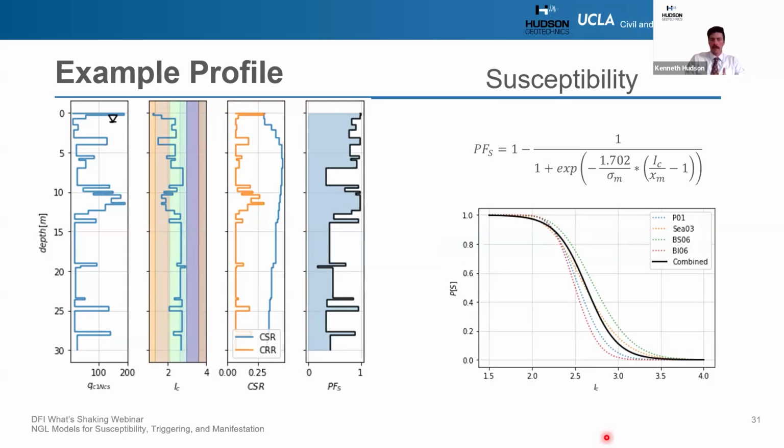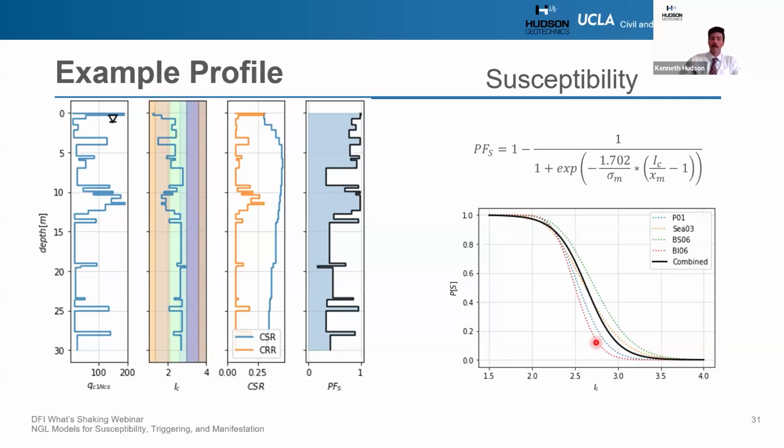So first, we're going to look at susceptibility of every single layer. And so the way we calculate this is we came up with this logistic function, which gives us a probability of susceptibility from 1 to 0 based on the soil behavior type index in this case. And so low I sub C gives us a sand-like material with a high probability of susceptibility, and a high I sub C, which is clay-like, gives us a low probability of susceptibility.